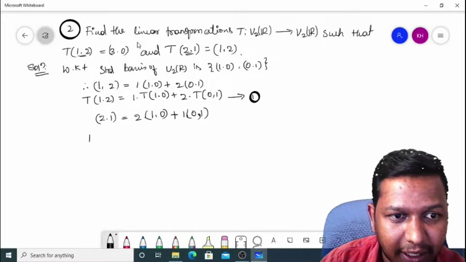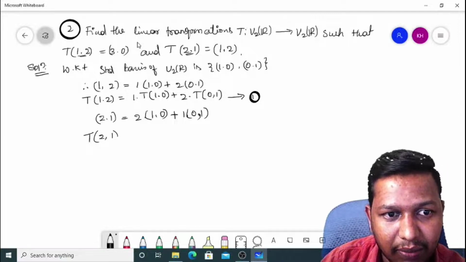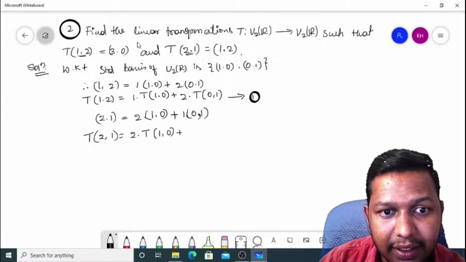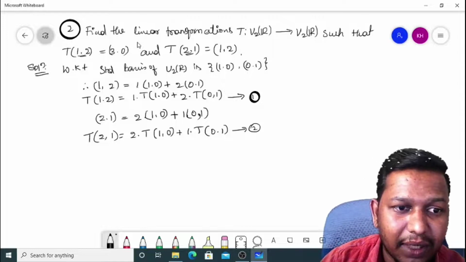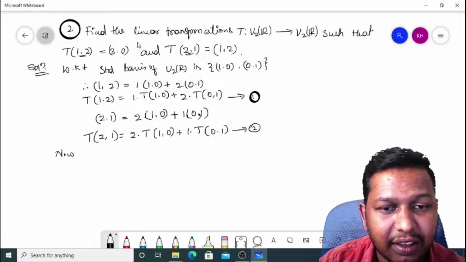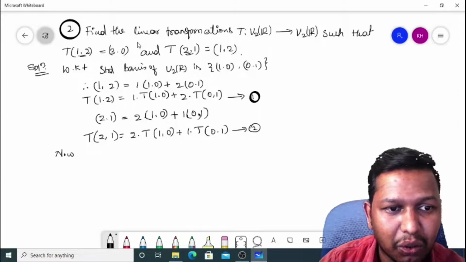Then we need to apply the linear transformation, that is T of (2, 1) is equal to 2 into T of (1, 0) plus 1 into T of (0, 1). This one is equation 2. Now we have to solve for T of (1, 0) and (0, 1) using equations 1 and 2.